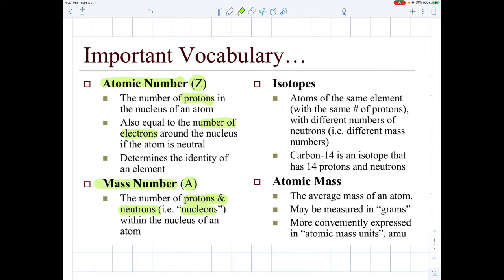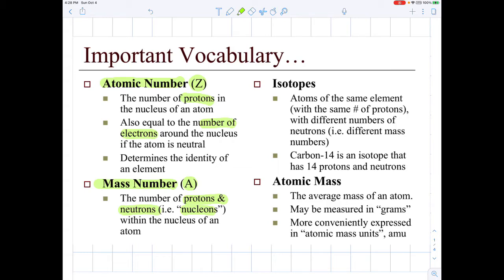Now, if you recall, the proton and the neutron each has an atomic mass of 1 atomic mass unit, while electrons are almost massless. So when we are counting how many protons and neutrons are in the nucleus, we're essentially counting almost all the particles that give the atom its mass. Therefore, it's called the mass number.